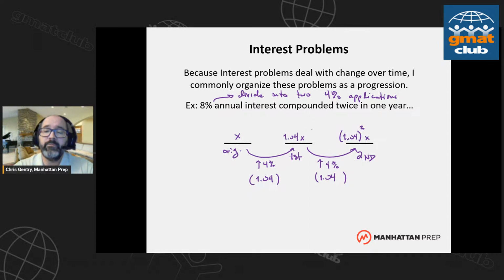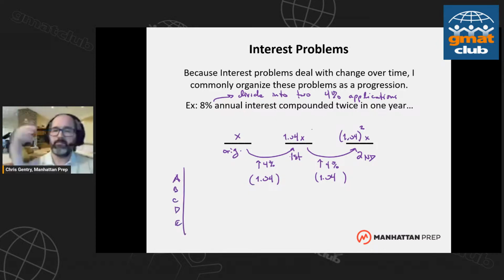What I was saying just a moment ago, you will see exponent wrinkles in some compound interest problems. That can be a challenge, but it can also be a gift. Remember that the quantitative section of the GMAT is all multiple choice. So you can use your knowledge of what power would be required, and that can allow you to start making decisions in the answer choices, because it's quite common that some of your answer choices would not have the correct exponent. For example, if this is a GMAT question, some answer choices might be 1.04 with other stuff around it.